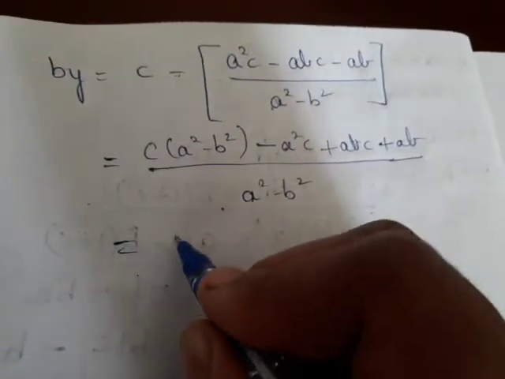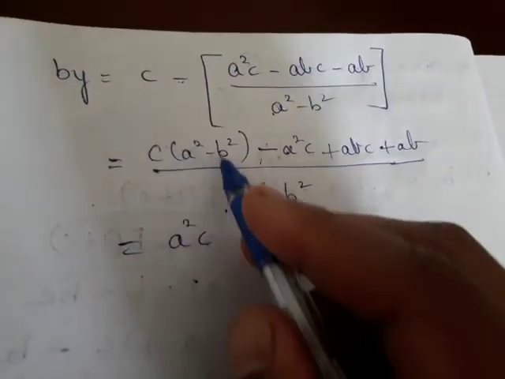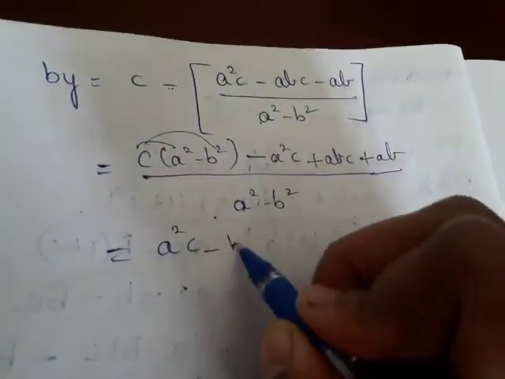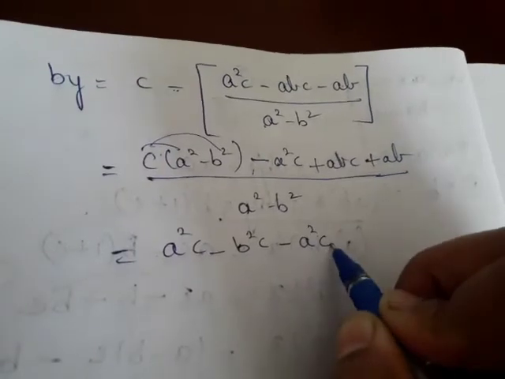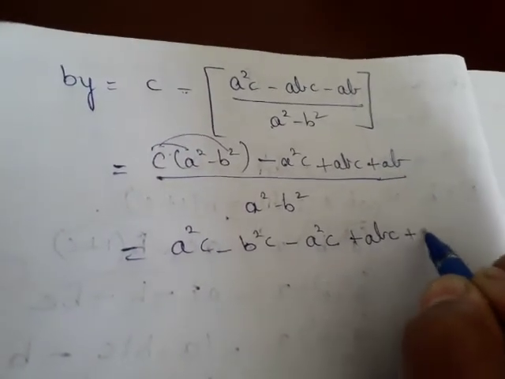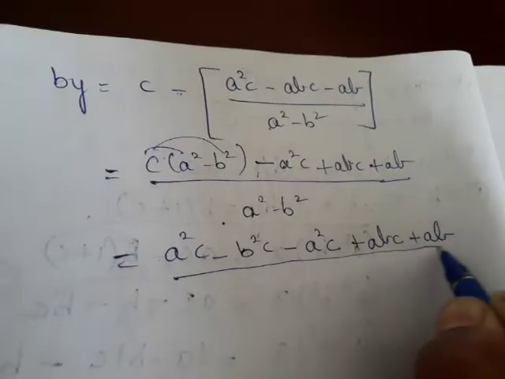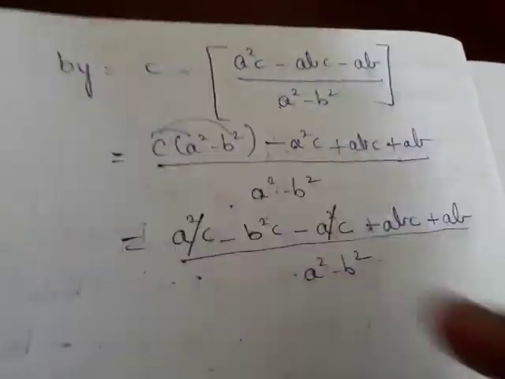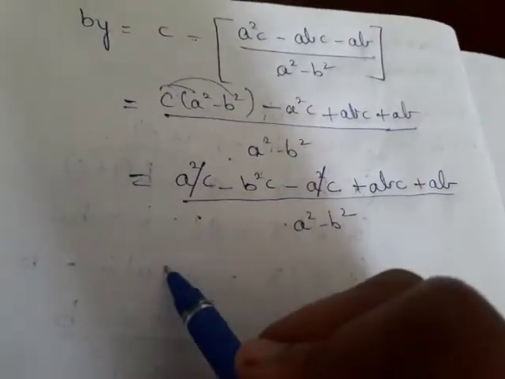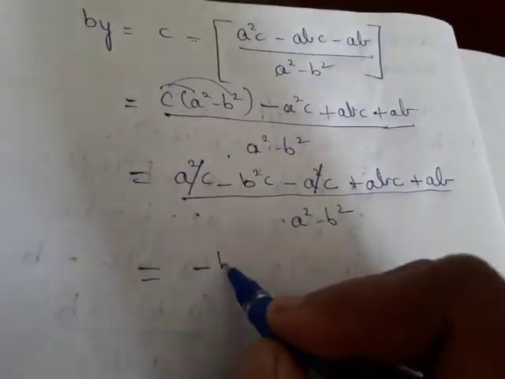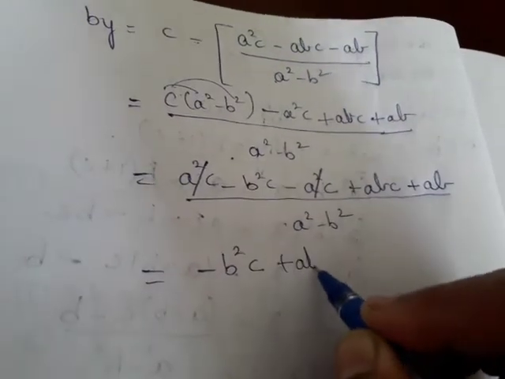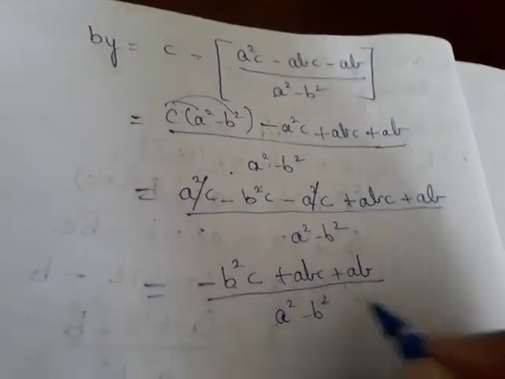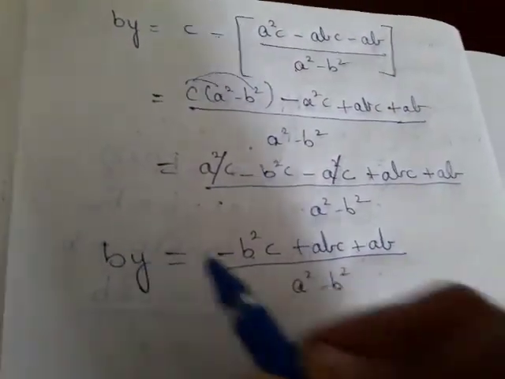Again remove this bracket, so this will become b square c minus a square c plus abc plus ab divided by a square minus b square. So plus a square c minus a square c will get cancelled. So what we have in the numerator: minus b square c plus abc plus ab divided by a square minus b square. This is by.